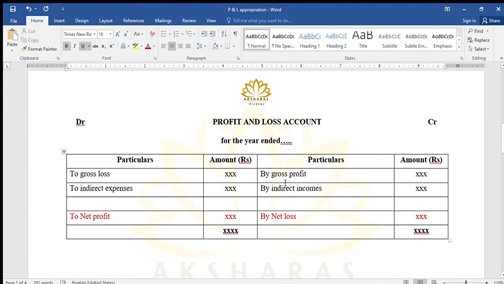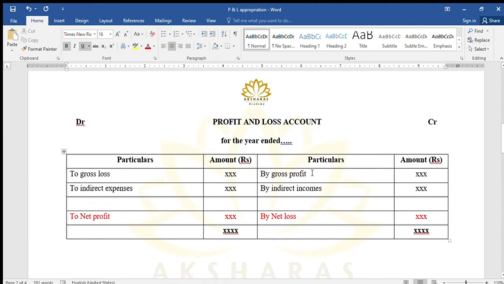If it is a gross profit, it will be posted on the credit side of the profit and loss account, and if it is a gross loss, it will be shown on the debit side of the profit and loss account. Profit and loss account is a nominal account. The rule of a nominal account is debit all expenses and losses and credit all incomes and gains. So all indirect expenses will be debited to the profit and loss account, and all indirect incomes will be credited to the profit and loss account.